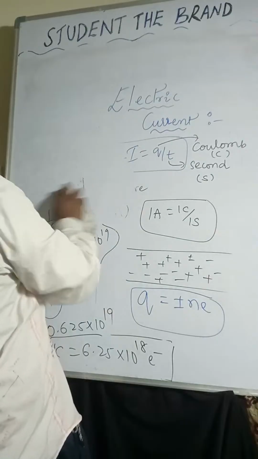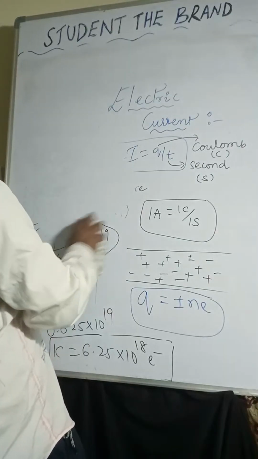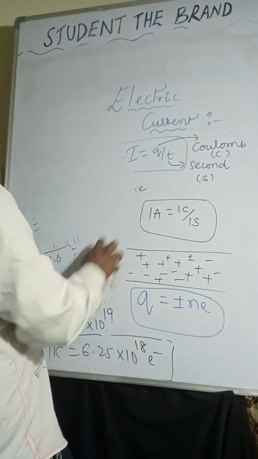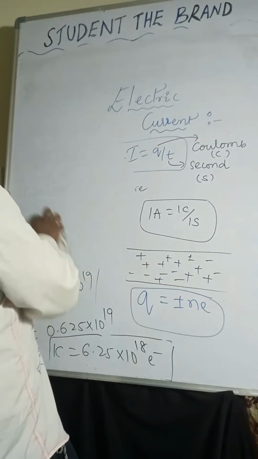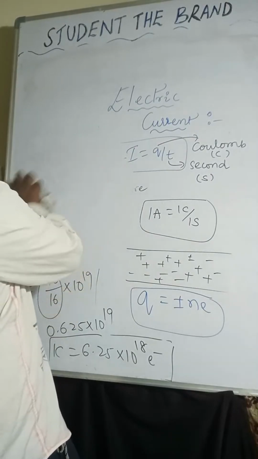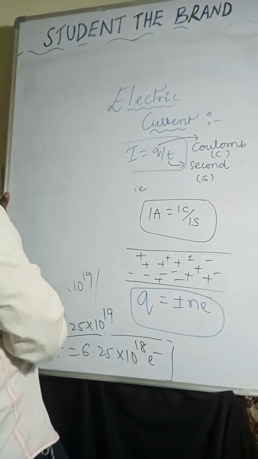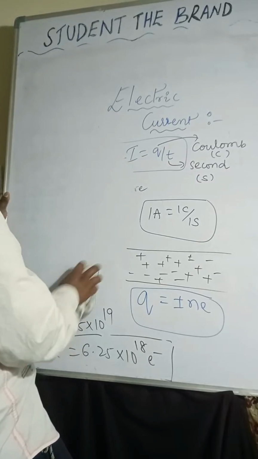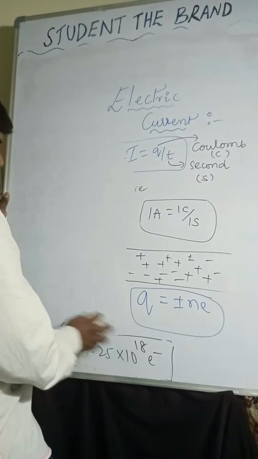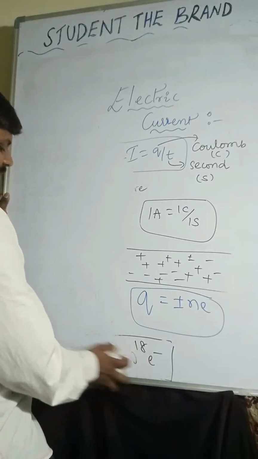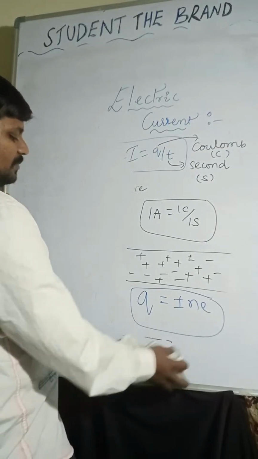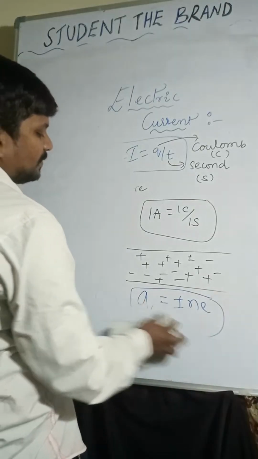We can expect one or two one-mark questions, even MCQs, from this concept. They can ask: on 1 electron, how much charge is present? In 1 coulomb, how many electrons are present?